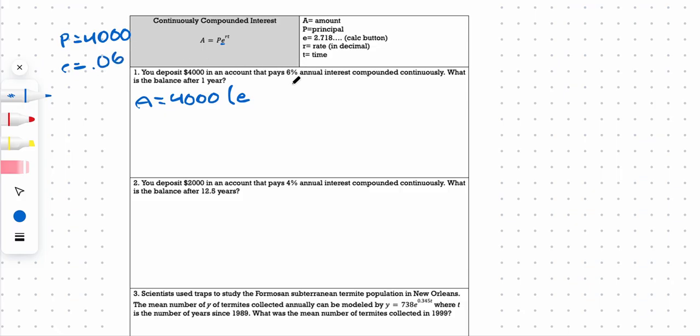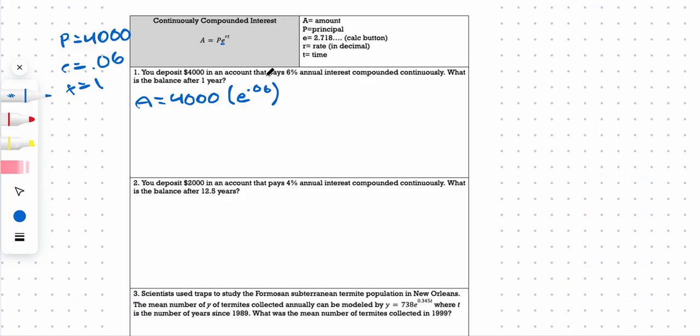And 0.06 is just 6% as the decimal. T is going to be equal to 1 year, right? We're just trying to find our balance after 1 year. So we do E to the RT. R times T is 0.06 times 1, which is going to be the same thing as 0.06.